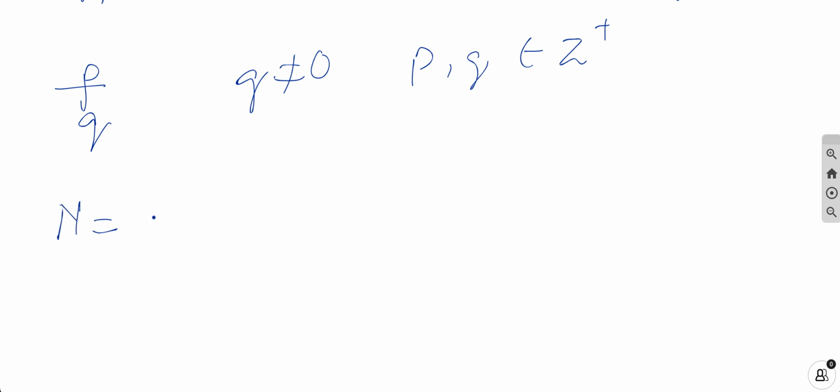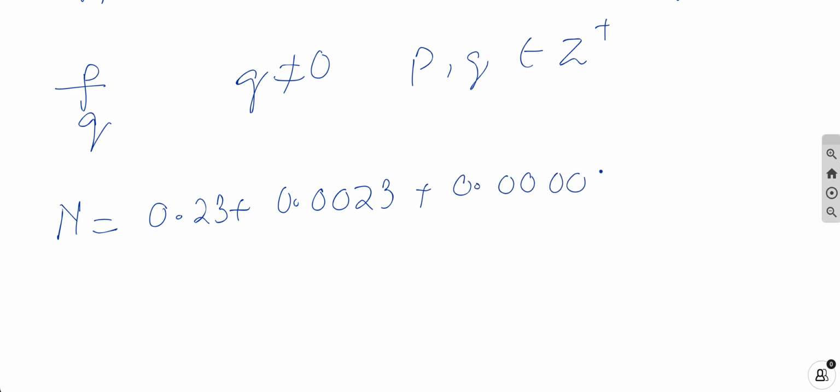I'm rewriting this number 0.232323 recurring as 0.23 plus 0.0023 plus 0.00000023, oh sorry, 4 zeros only, then 23 after 6 zeros, and so on. Till where will it go?